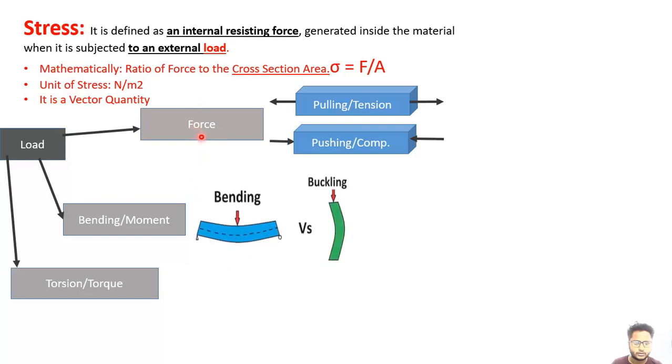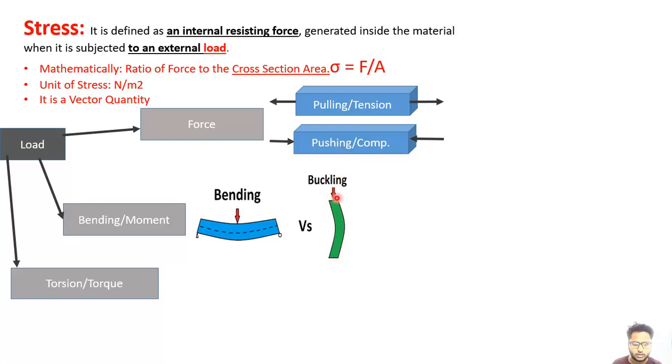The second is bending. We can see a beam which is under a load responsible for the bending of this beam. The stress generated because of this bending is known as bending stress. This is also a type of vertical beam, known as a column.